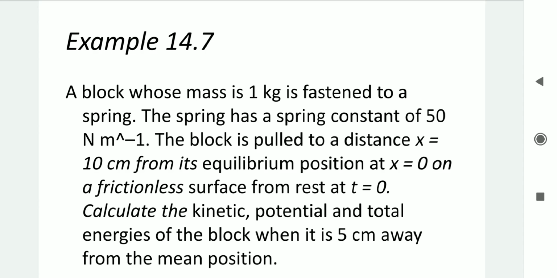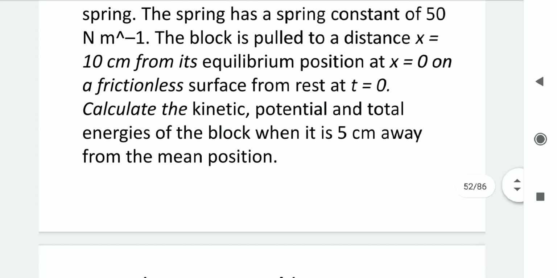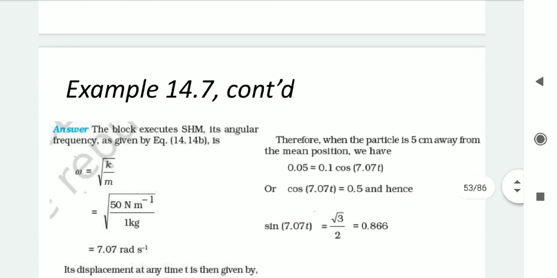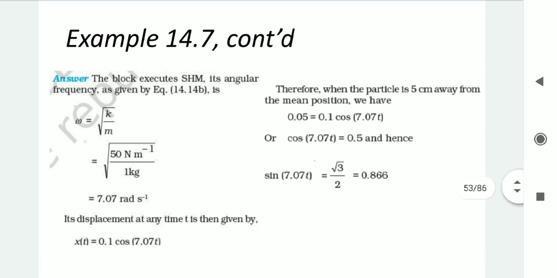So here, let us first define the displacement amount and calculate the angular frequency. Omega equals square root of k by m. The force constant k is 15 Newton per meter and the mass of the object is 1 kilogram.